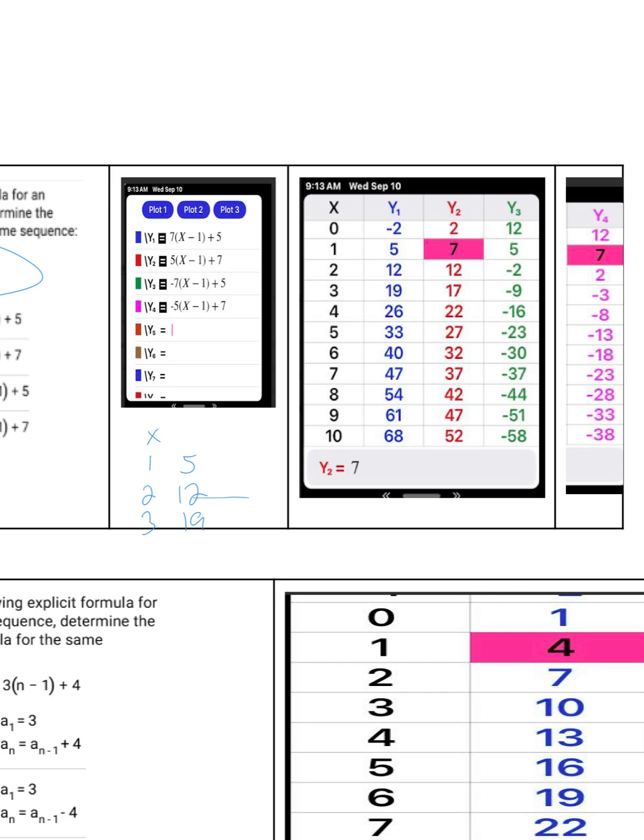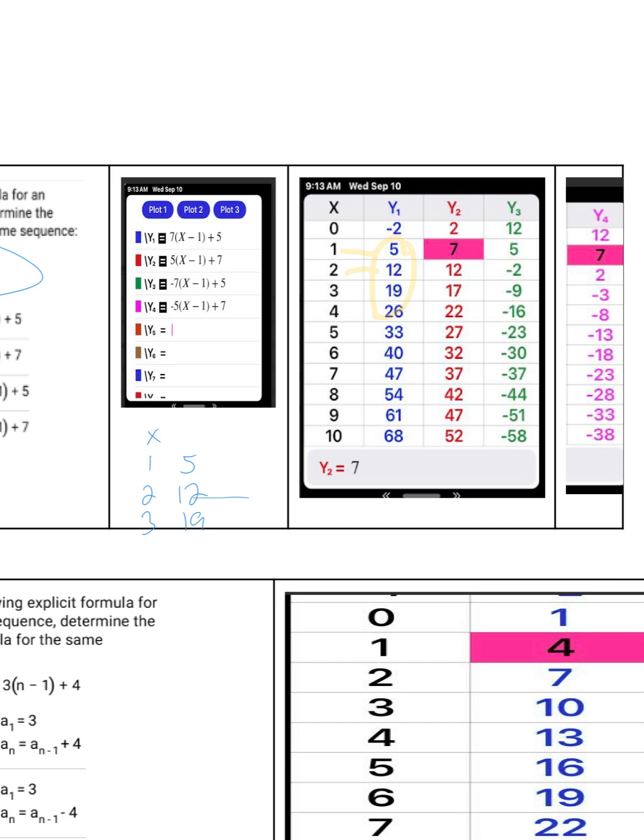Do y'all see it? Yeah. So when x equals 1, y equals 5. When x equals 2, y equals 12, and so on. The other one that was close was y3, which had the same starting value, but they didn't add 5, they subtracted.